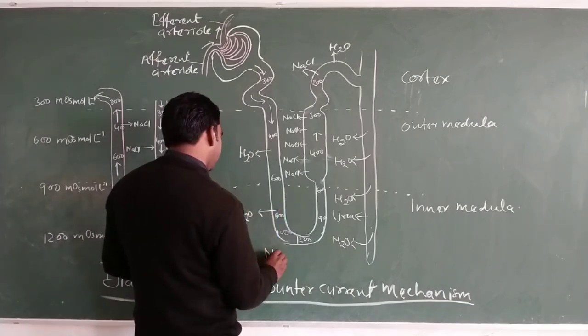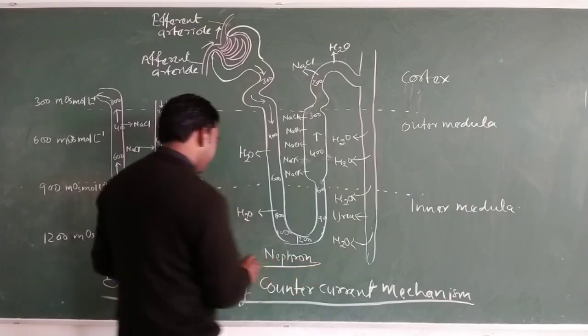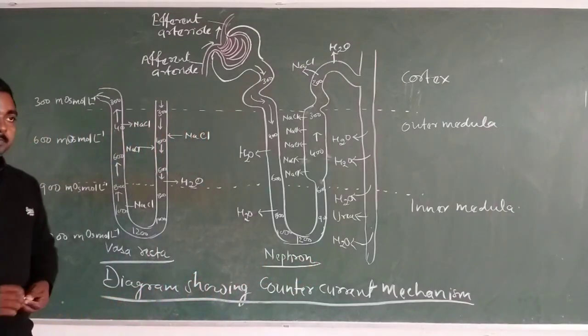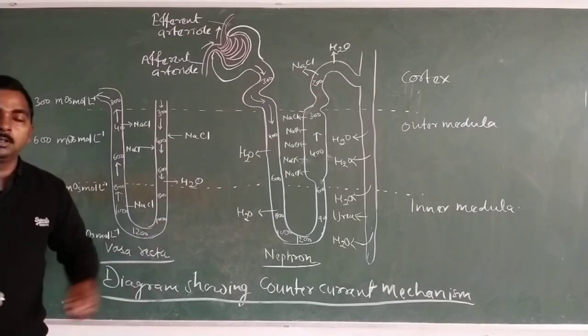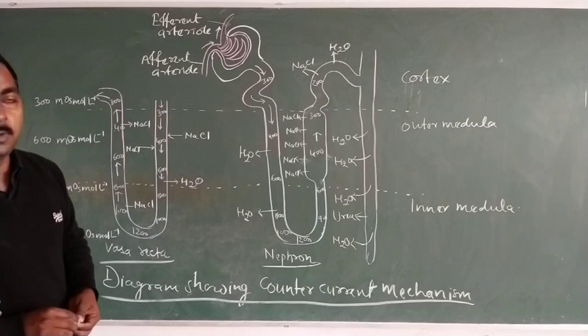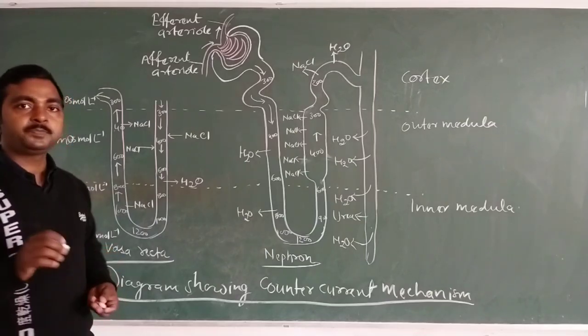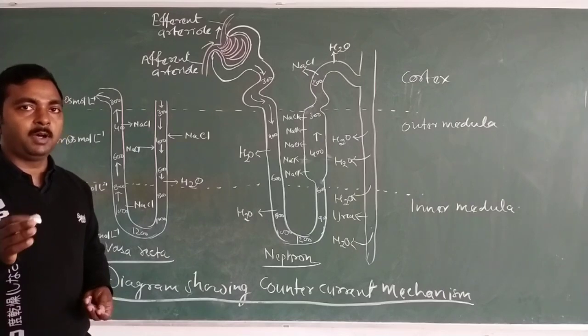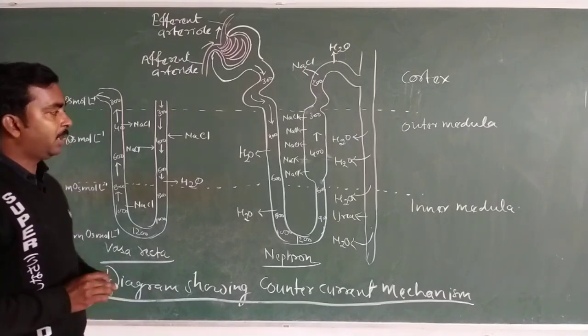That means it is showing the nephron. The arrangement of the vasa recta and the nephron together is responsible for the counter current mechanism. So what is the counter current mechanism?